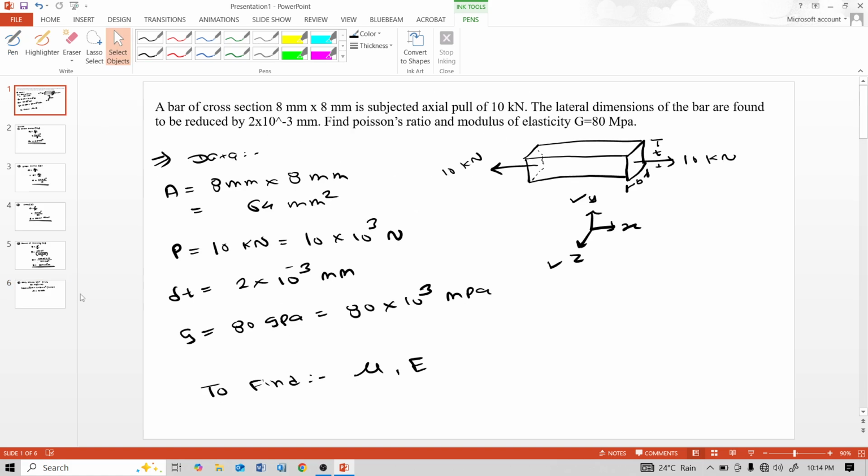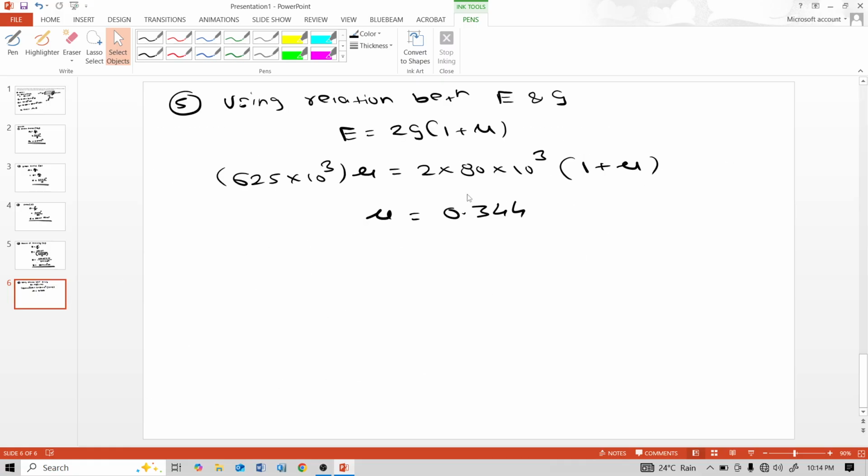This mu, Poisson's ratio, is 0.344, and see this E here.